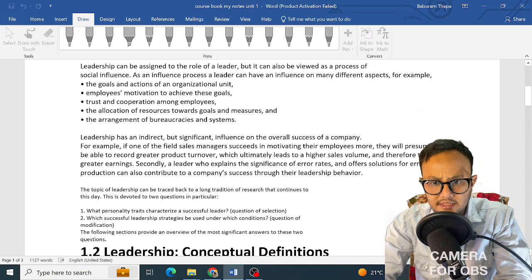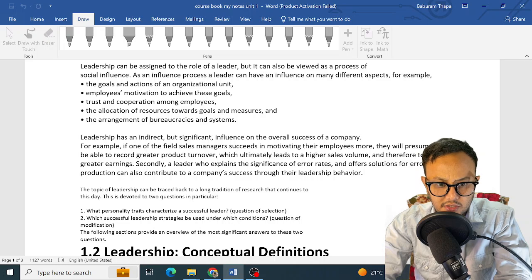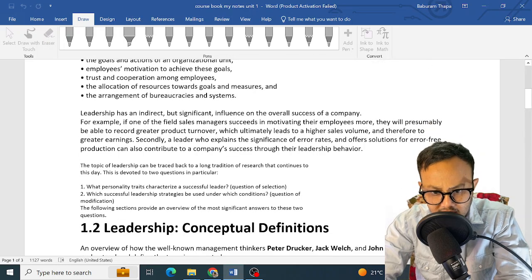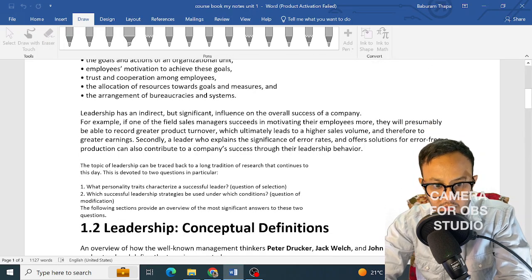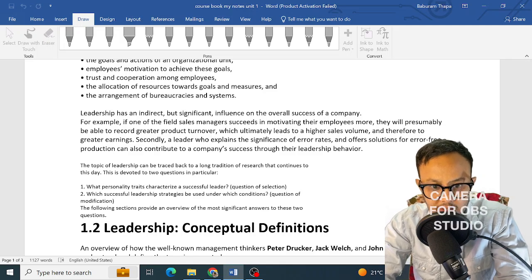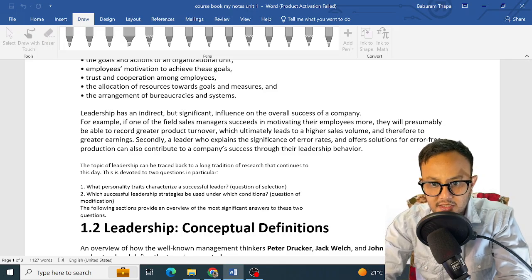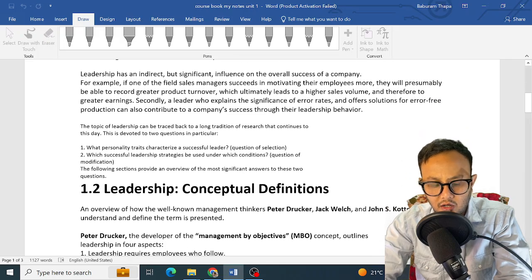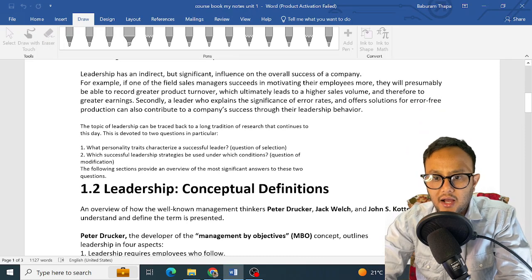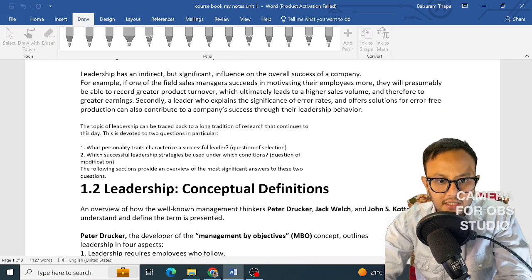These are just examples, right? A leader can have influence in these five situations. Leadership has an indirect but significant influence on the overall success of a company, right? For example, if a field sales manager succeeds in motivating his employees more, they will presumably be able to record greater product turnover, which ultimately leads to a higher sales volume and therefore to greater earnings.